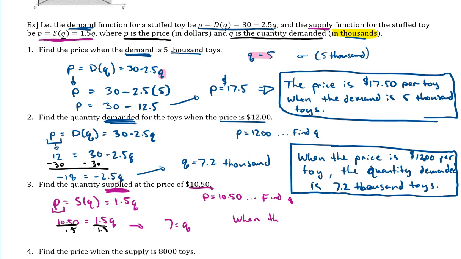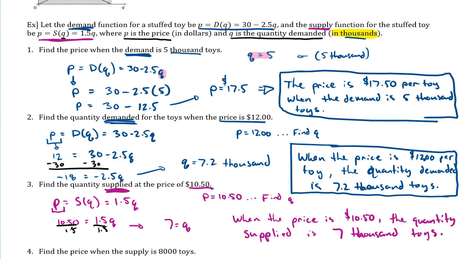So when the price is $10.50, the quantity supplied is 7,000 toys. There we go.